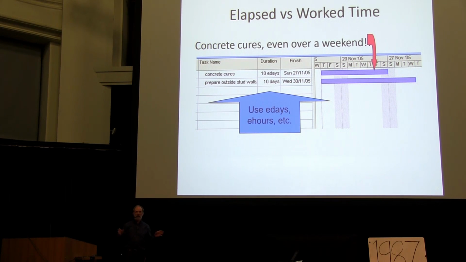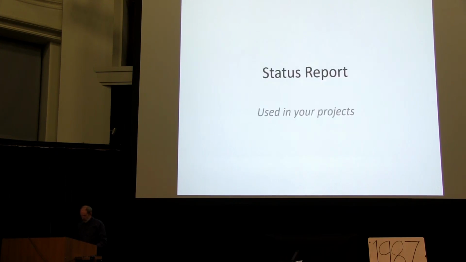There are things that happen that are physical phenomena that you can't make better by throwing more resources at it. So that's elapsed time. You put it in as E days. You can see the top entry there is in E days, and that just means that it goes on over weekends and that sort of thing. Okay, so that's that.